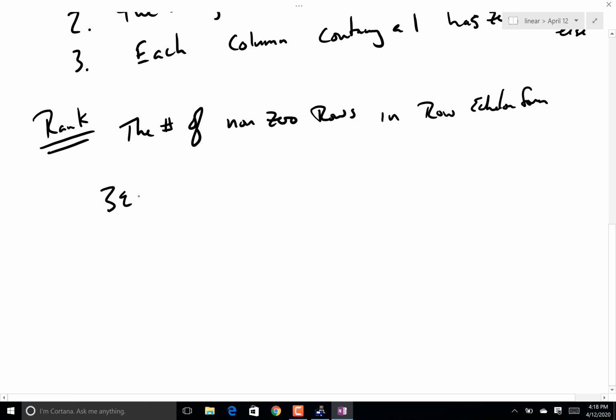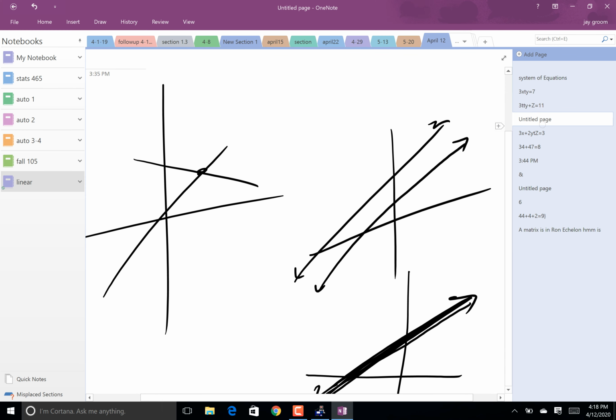Okay, 3 equations needs three unknowns. Needs 3 equations, right? We know that. Okay, to solve that equation, you must end up with a rank of 3. Okay, in other words, there better be 3 rows that are non-zero. Okay, now we did several of those back here.